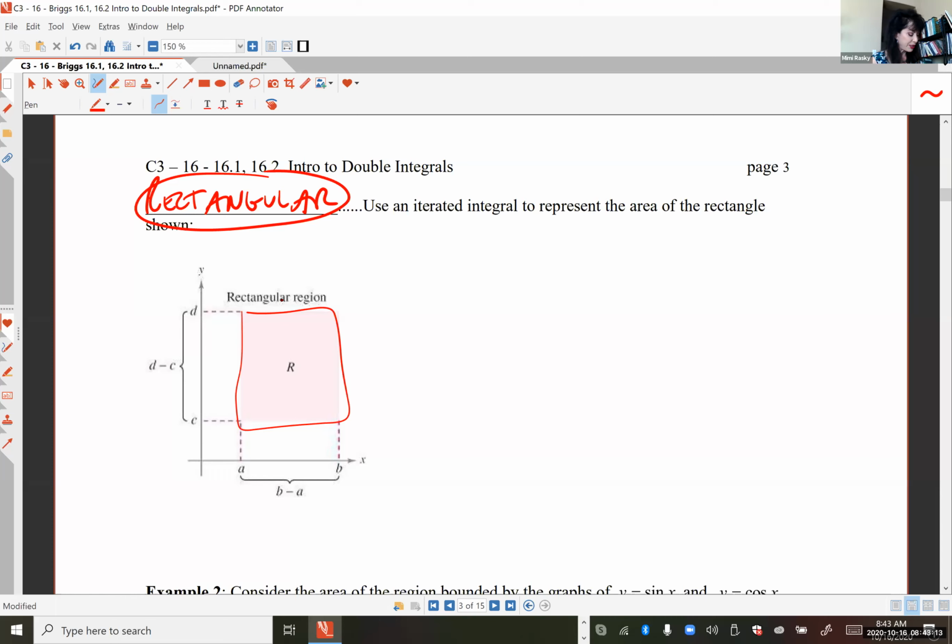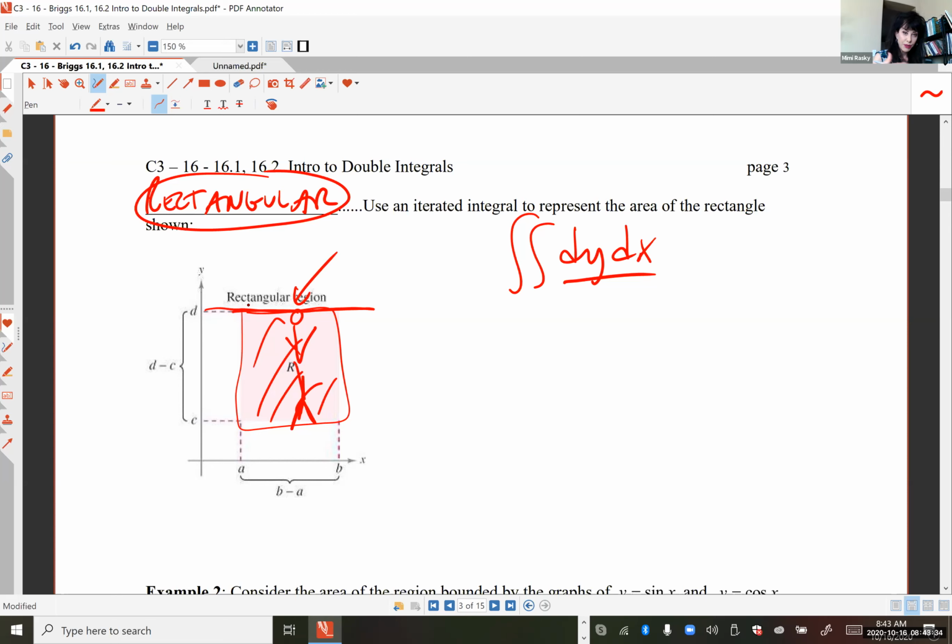So how would a double integral work if somebody said, hey, set up a double integral representing this area? So if you do it with dy dx, that's the vertically simple choice. If you put your little man in here, there he is, vertical, his head is on this upper taller function, which has the equation y is equal to d, and his feet are on the lower limit, the shorter function, y is equal to c.